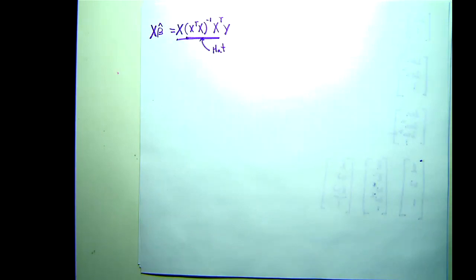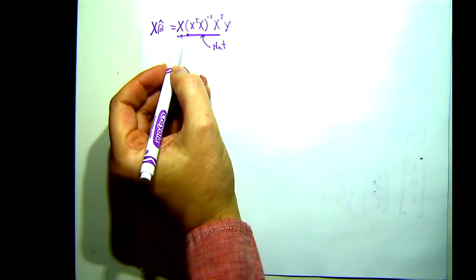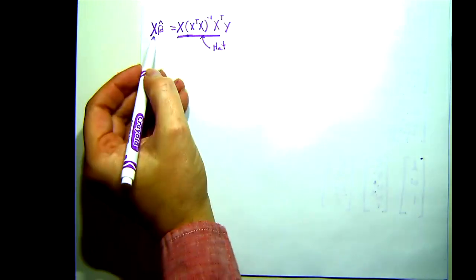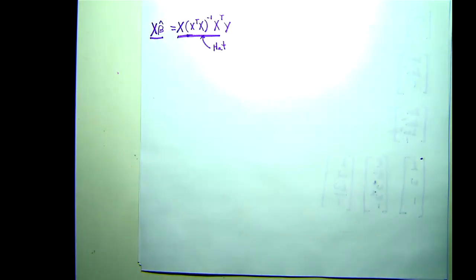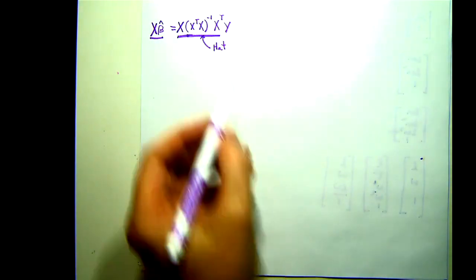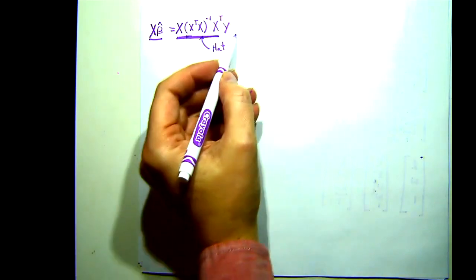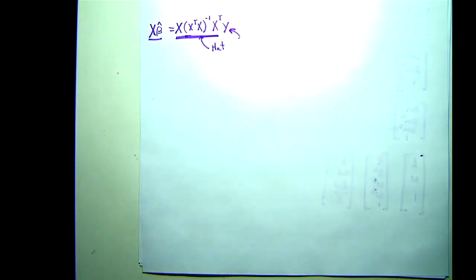So the hat matrix is interesting because the first thing you should notice is that this is a matrix that basically says our prediction, the X beta hat, is equal to some linear combination of the original y's. To get the new prediction, you have this matrix that says take all of the original values, add up some amount of them, and that will spit out a new prediction.